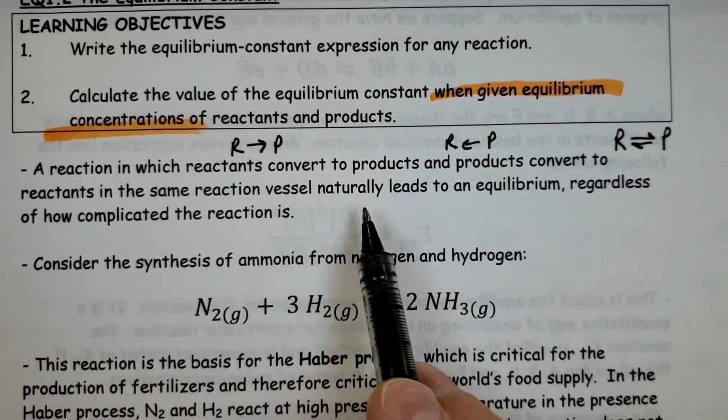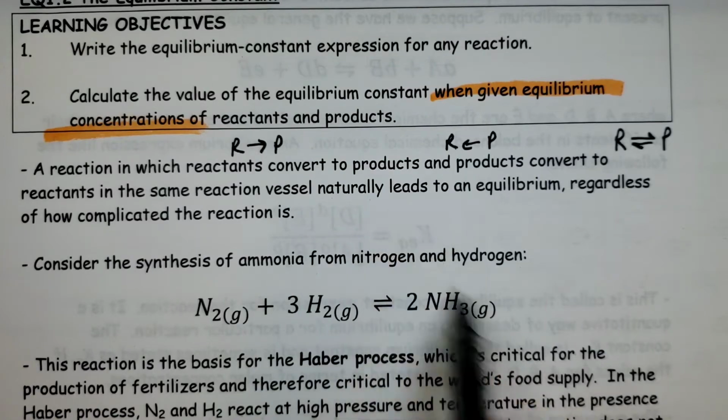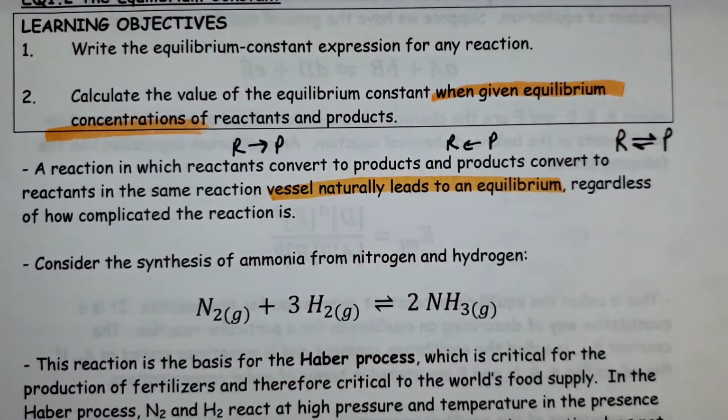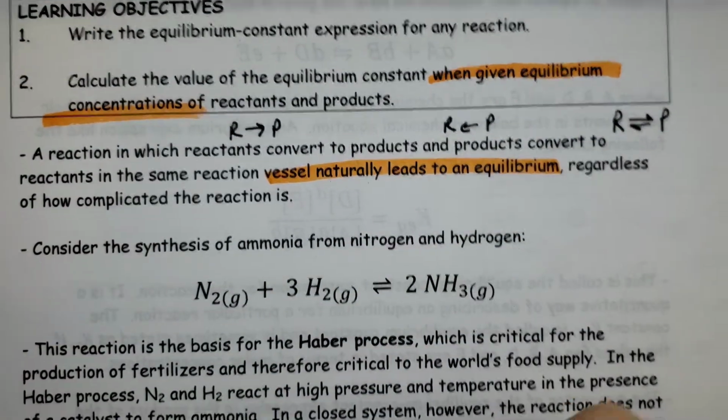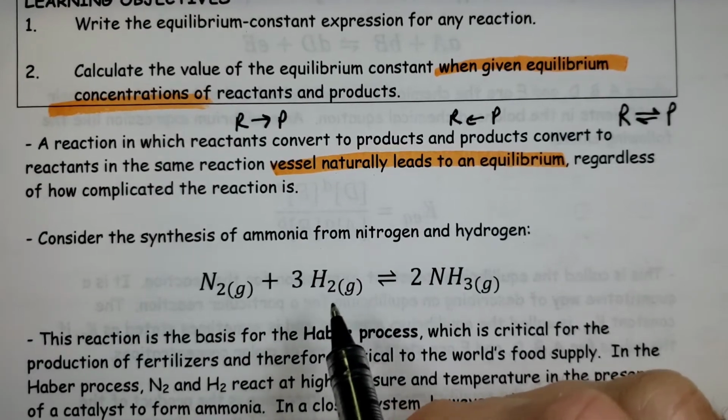In the same vessel, if it's sealed, this naturally leads to chemical equilibrium, regardless of how complicated the reaction is. And of course it has to be reversible, such as when gases are together.